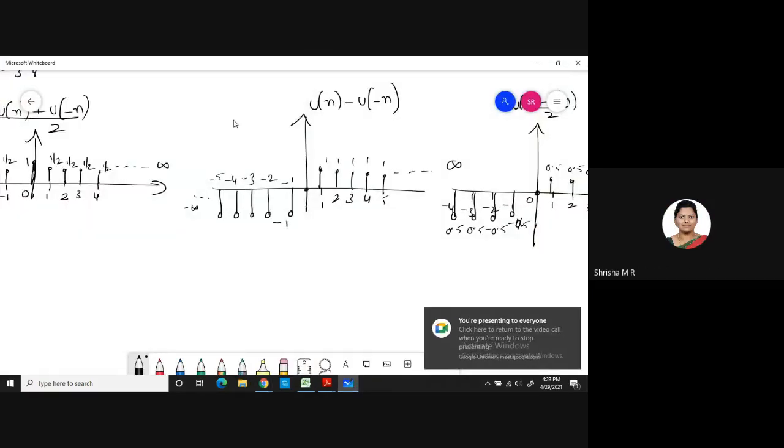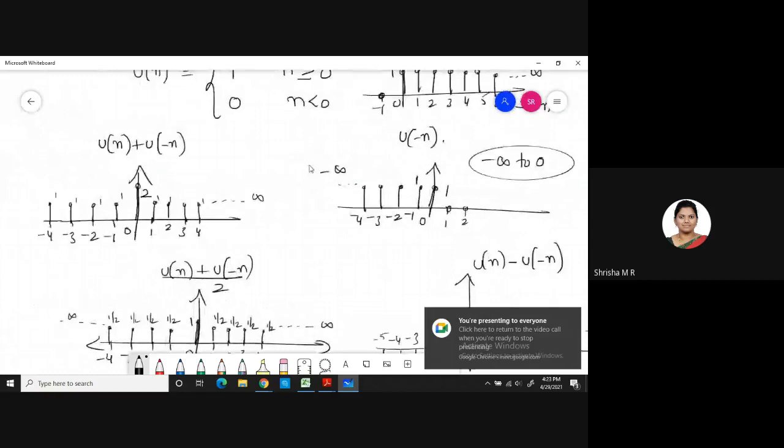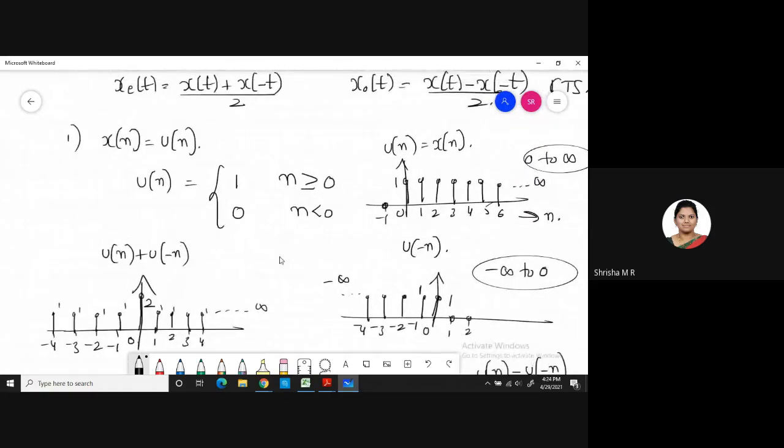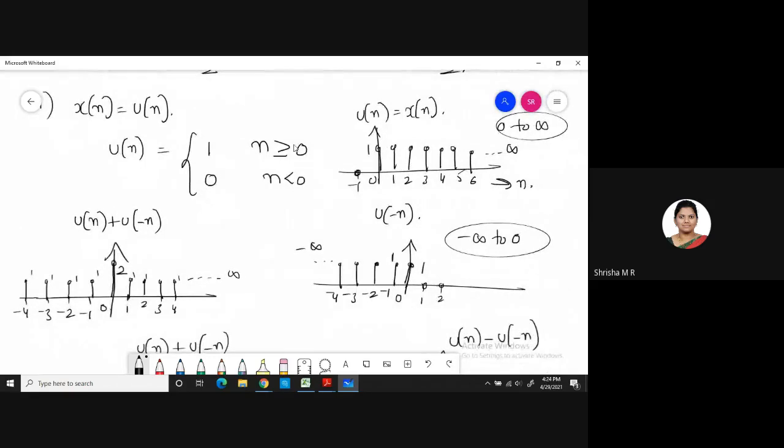So you have been given a signal u of n, and you have been told to plot the even and odd part of the signal u of n. So take u of minus n, the time reversed version of u of n. Then you add these two. If you add these two at n is equal to 0, you will have 2. For all other values of n, you will have 1.